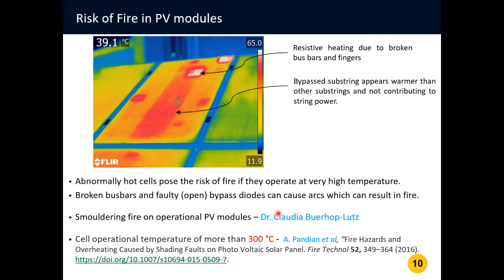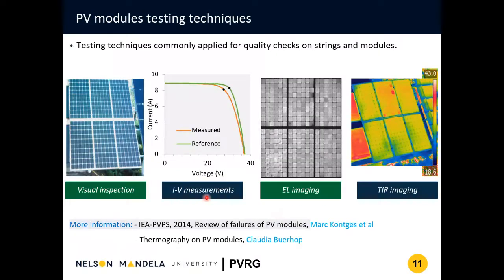Okay, the testing methods that are commonly applied to test PV modules are visual inspection, IV measurements, EL imaging, and TIR imaging.